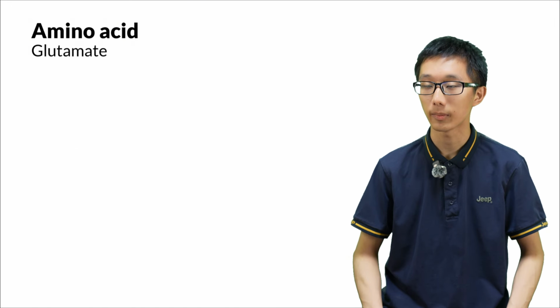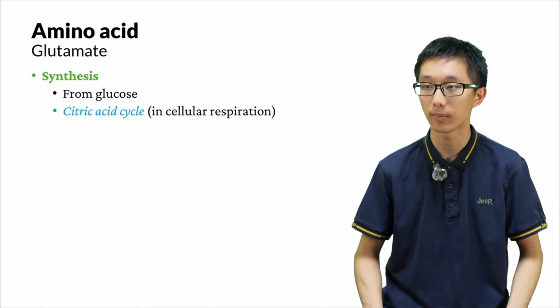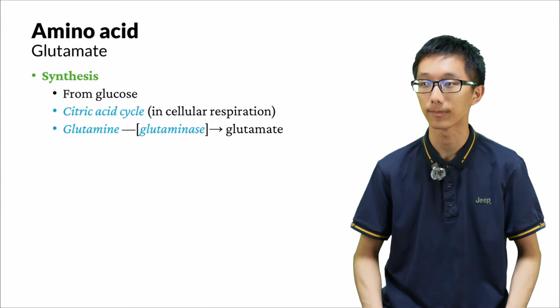Let's now meet some amino acids. Glutamate is synthesized from glucose. Glucose is put into a citric acid cycle, which is part of cellular respiration. It forms glutamine. Then, glutamine is converted into glutamate via the enzyme glutaminase.